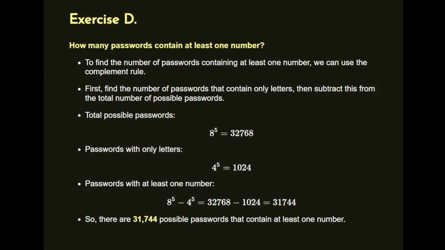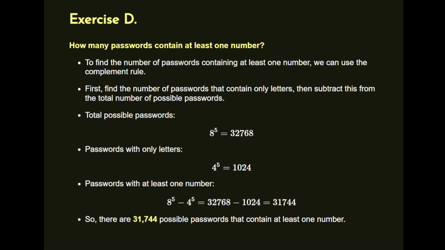When we see at least one number, that's a clue that we should look at the complement, which is no numbers, all letters, which is something we looked at previously. So to find the number of passwords containing at least one number, we find the number of passwords that contain only letters and subtract this from the total number of possible passwords. This is essentially exercise A and exercise B.